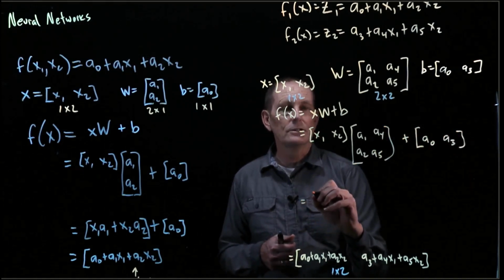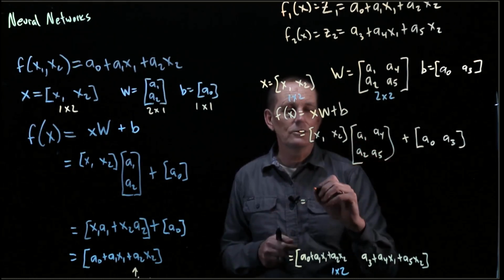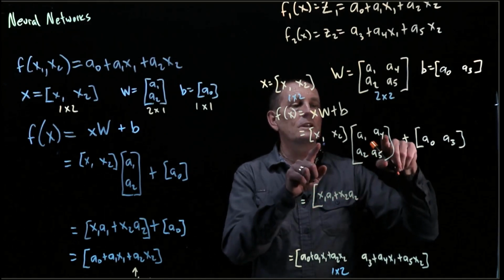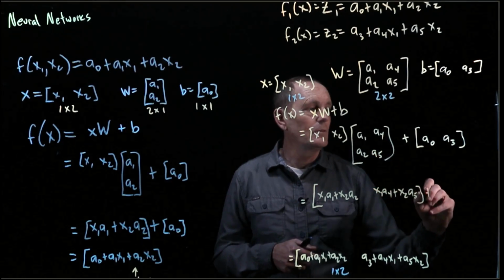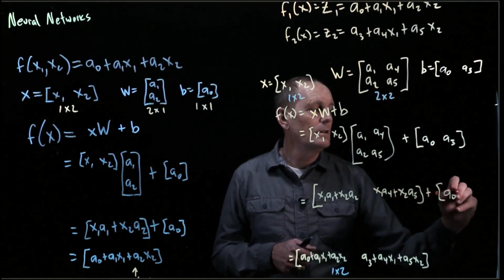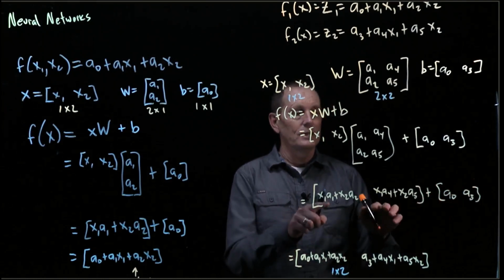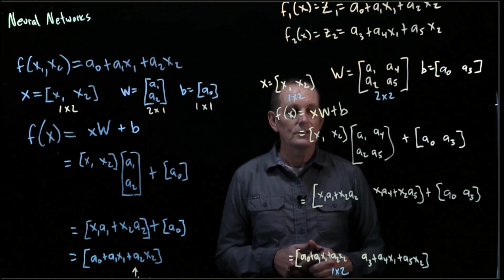And that's going to equal, the first column is going to be x1 a1 plus x2 a2. And then the second column is going to be x1 a4 plus x2 a5. And then we'll add in a0, a3. And if we look, we do end up with the correct results as we add these two matrices.